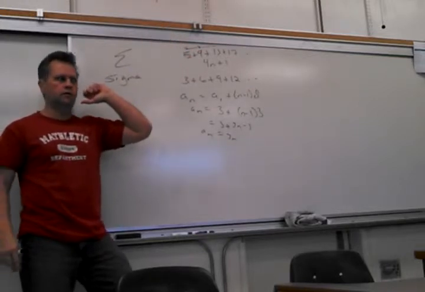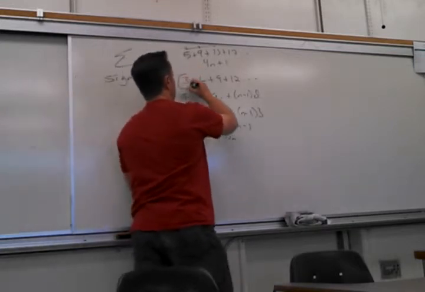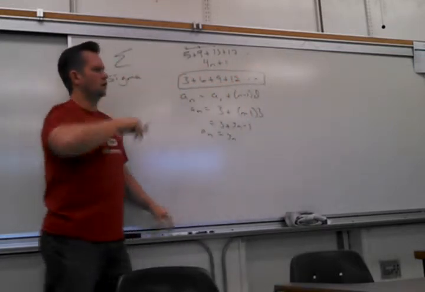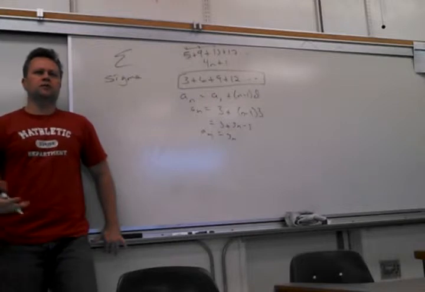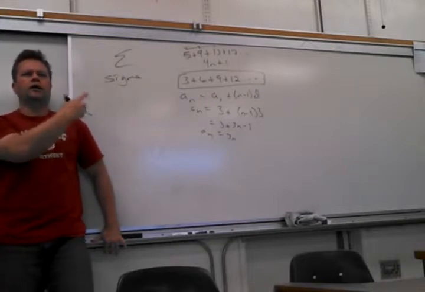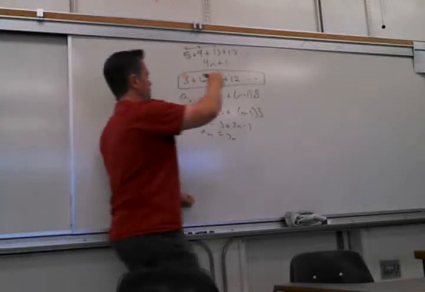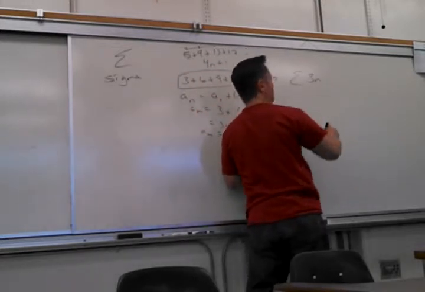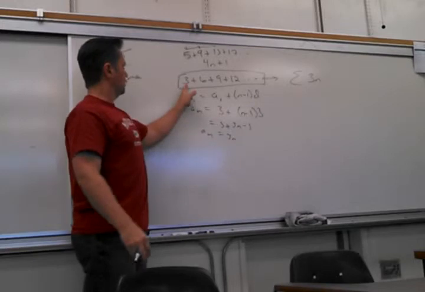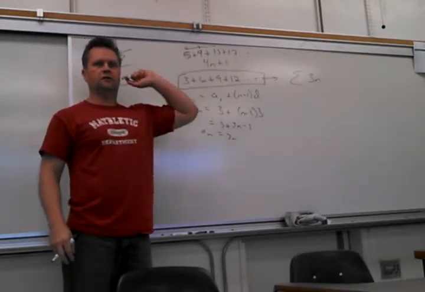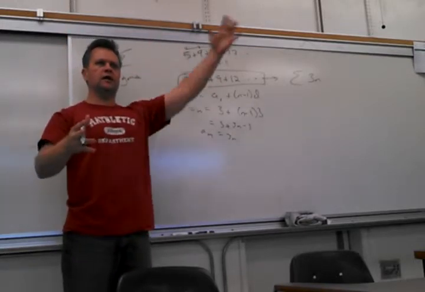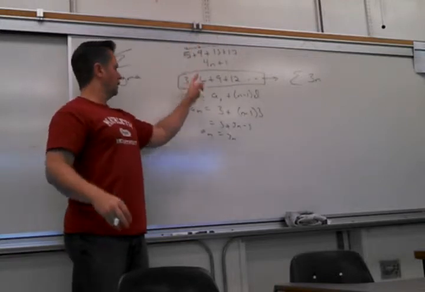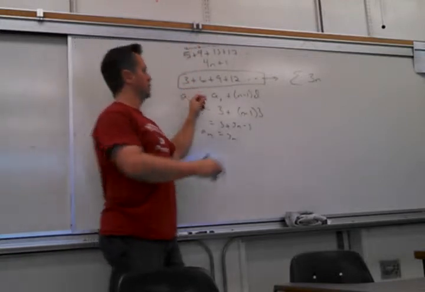I like it. So if I wanted to represent this sum quickly, right? Tell somebody to do this and they'll have to write out all that. I can say I want to sum 3n from what to what? From n equal to what up to n equal to what? Yeah, from n equal to 1. Now be careful.